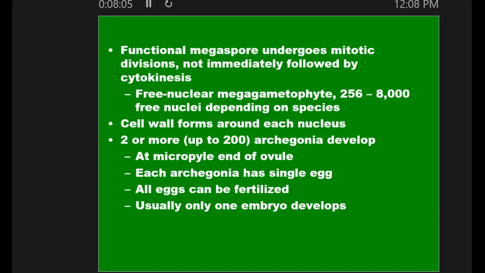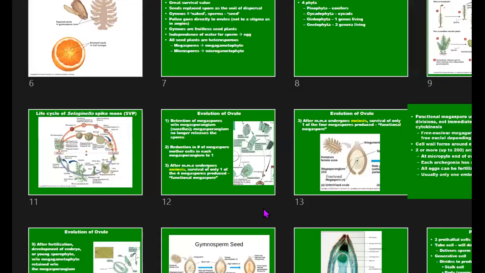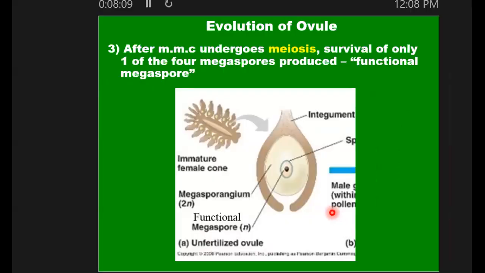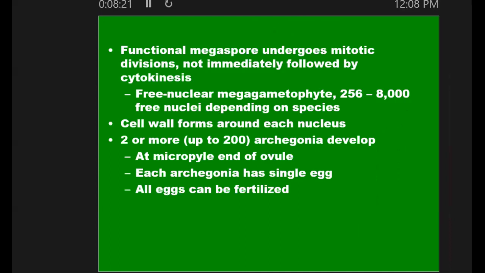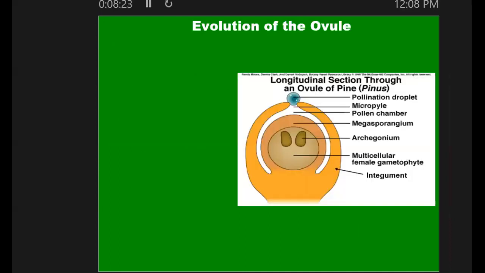Okay, so what we just described is taking this previous idea here, where that functional megaspore, you have to imagine now that megaspore going through cell division, cell division, cell division, and that free nuclear stage, and then finally forming this, where you have this kind of brown circle, and then you see these two kind of olive brown.